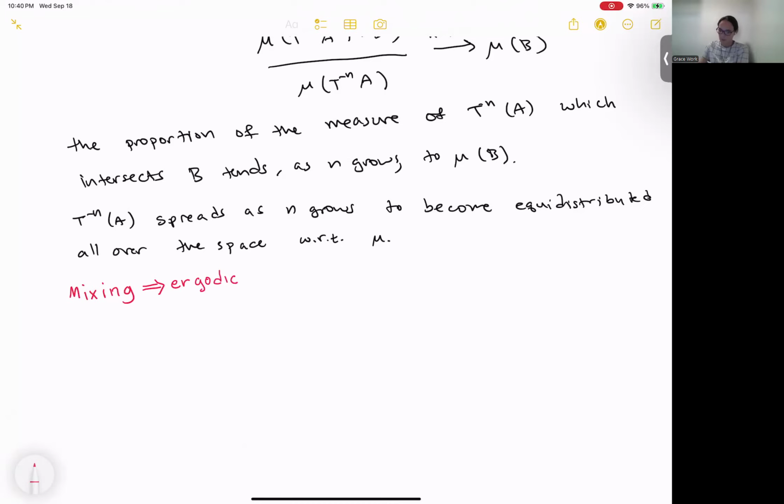Okay, so in order to show that mixing implies ergodic, we're going to start with an invariant set and show that the measure of the invariant set must be either 0 or 1. So let A be an invariant set.